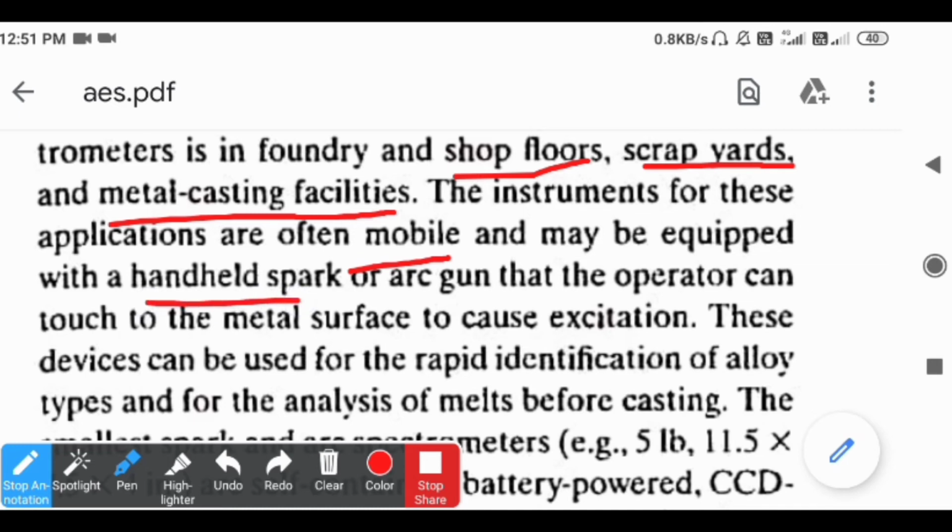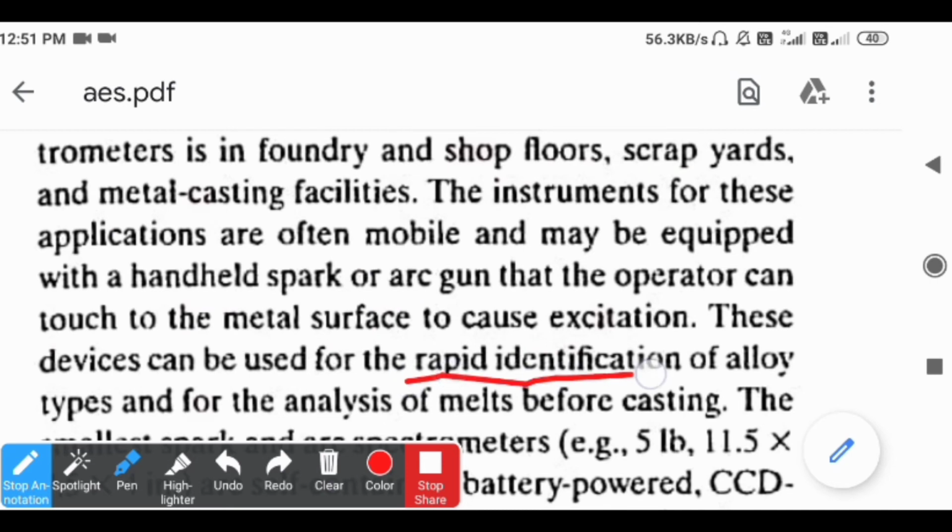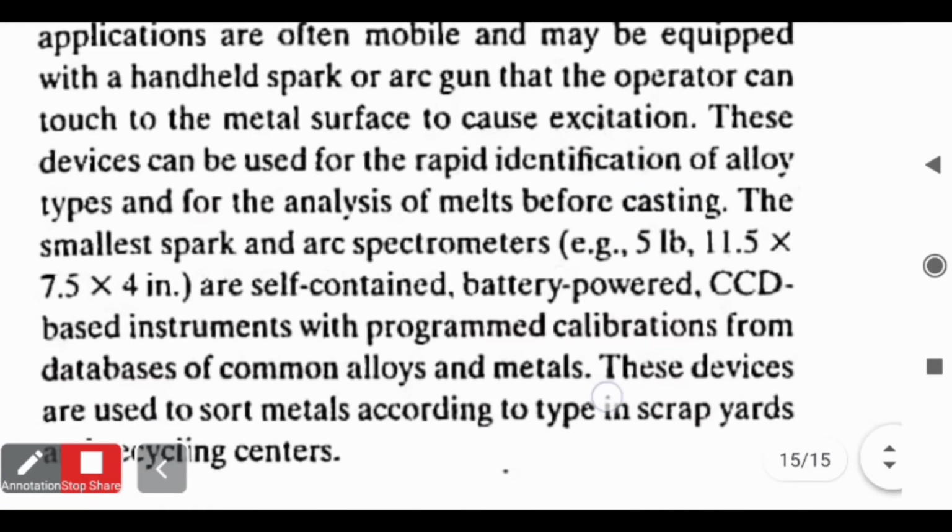It can be used as an arc gun or spark gun, which can operate by touching the metal surface and causing excitation of that metal, and we get rapid identification of the alloy types for the analysis of melts before they can be used for casting.